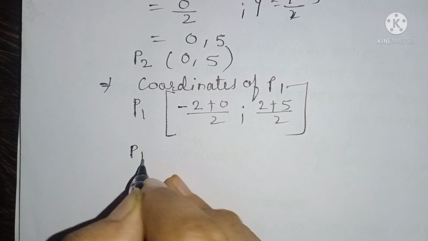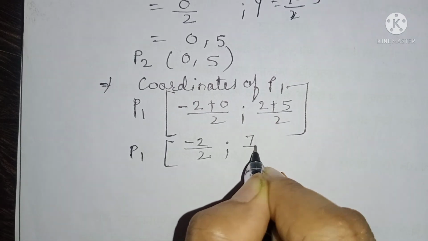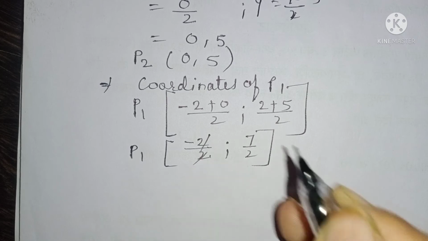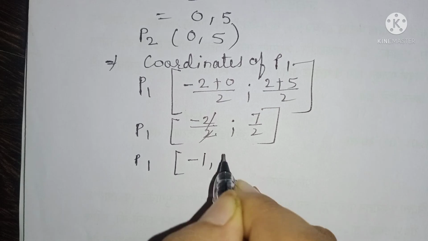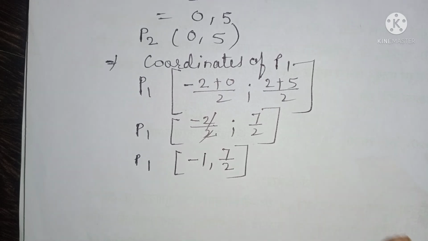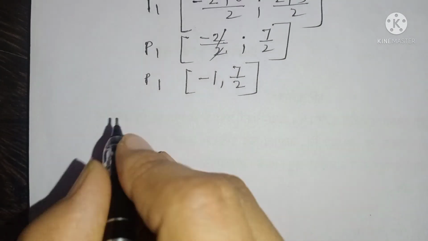So the coordinates of P1 are -2 upon 2, 7 upon 2. So this 2 and 2 get cancelled and the coordinates of P1 are -1, 7 upon 2, right?